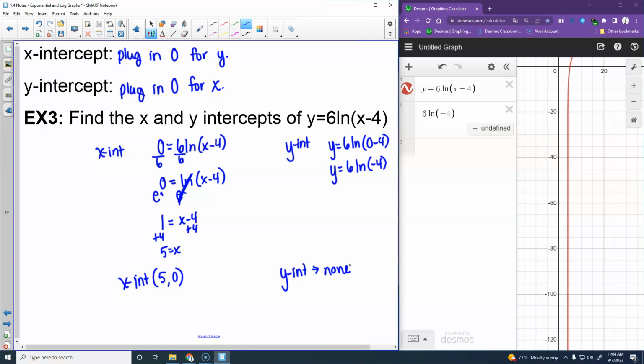I know that in this case, none is the correct answer because of what the graph looks like. The answer to why we can't do that with the exponent rule, I'm not sure about, because negative 4 to the 6th power would be a positive number. I'm sure there's a reason.